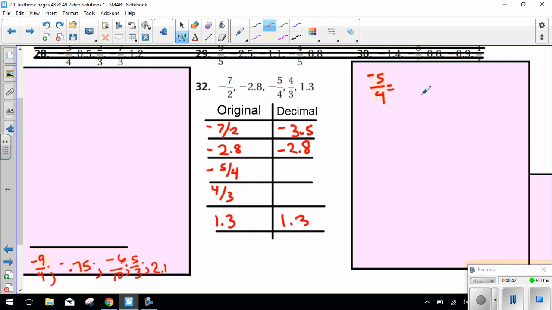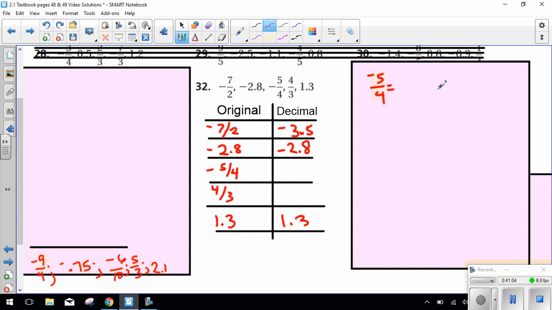So negative 5/4. I know I'm erasing my work, by the way, but you should not. You should have a spot for all your work. So everything you see me erasing, you should have neatly organized somewhere on your paper next to number 32. Okay, it should all be together.